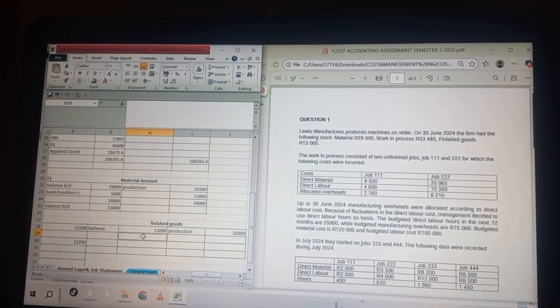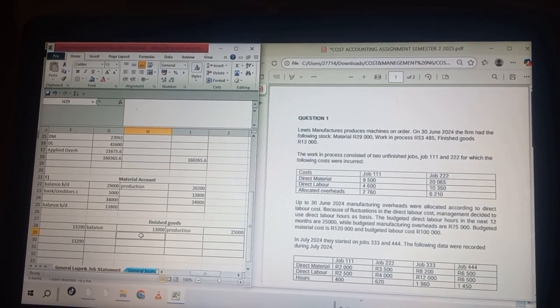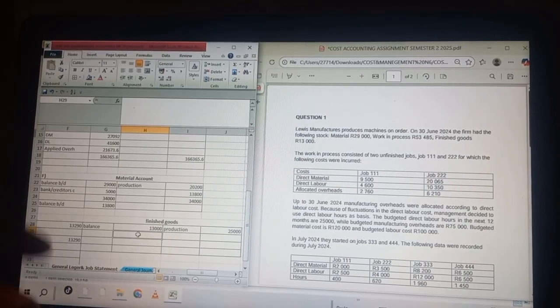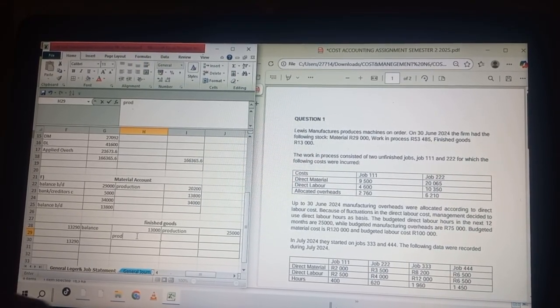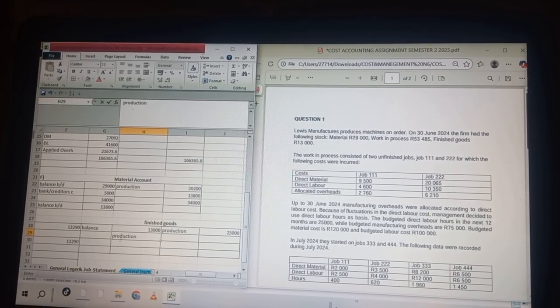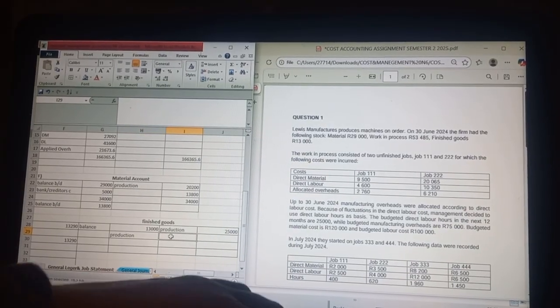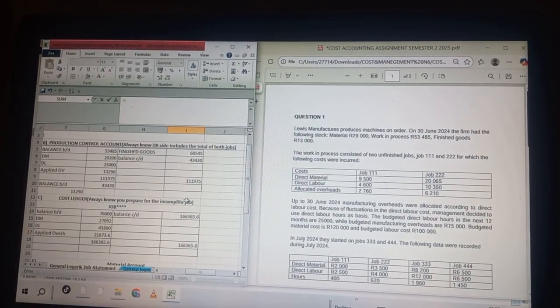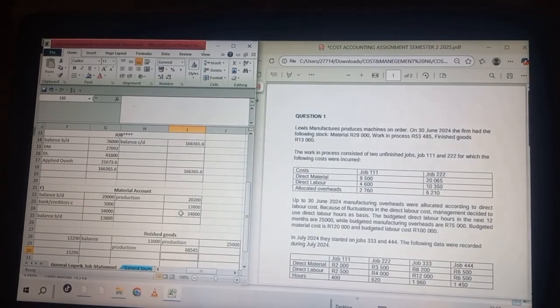And then we have calculated the finished goods for the 2 jobs that were completed. Just say production equals finished goods.